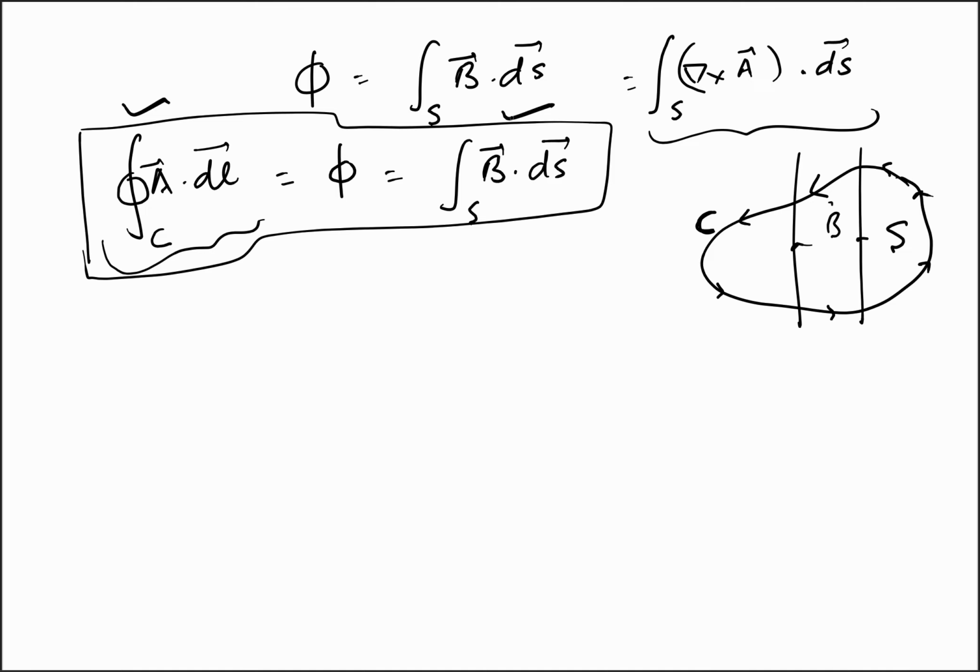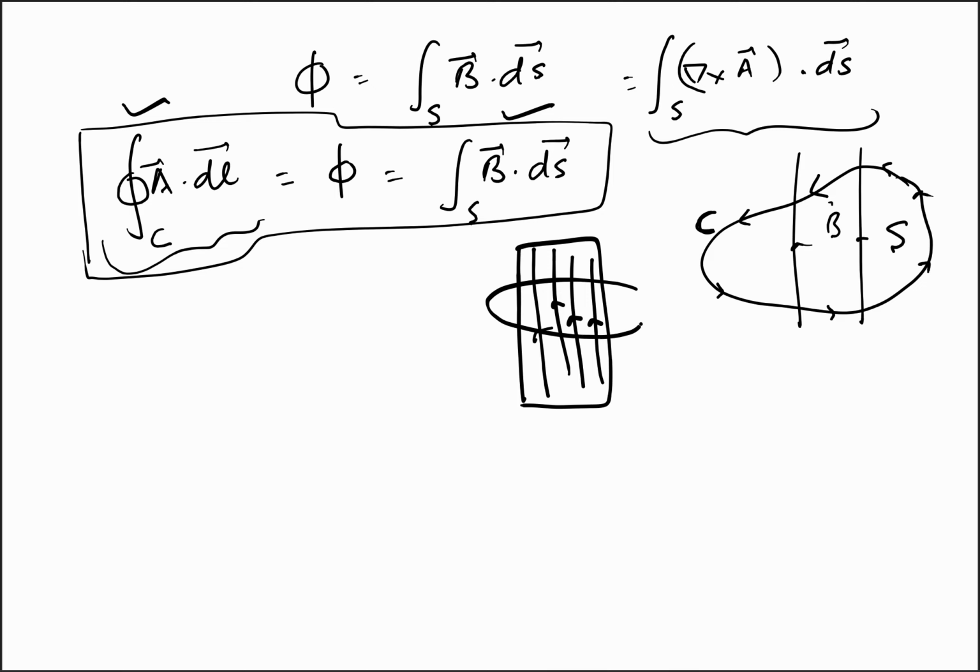And you will find that it is sometimes easier to visualize A than B, because when we study induction or a transformer core, you will find that B is only in the core, maximum part is in the core, only very small leakage flux is there. So the coil is wound here like this, or it may be wound like this.